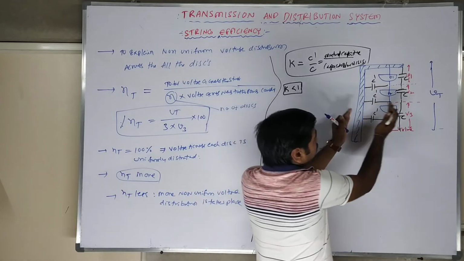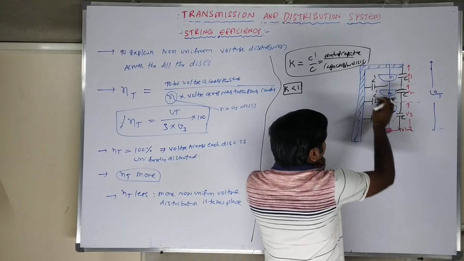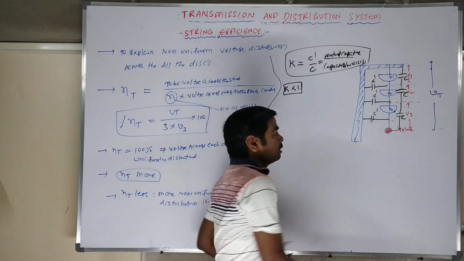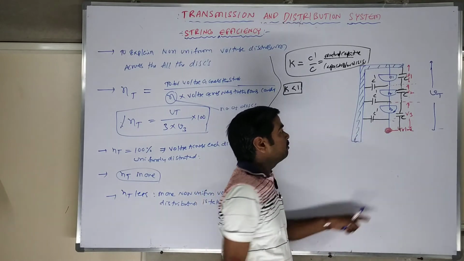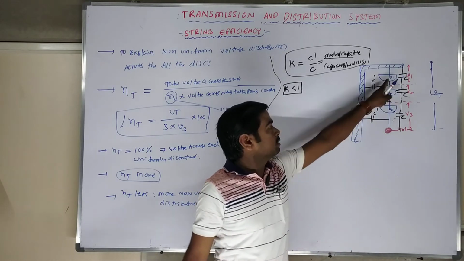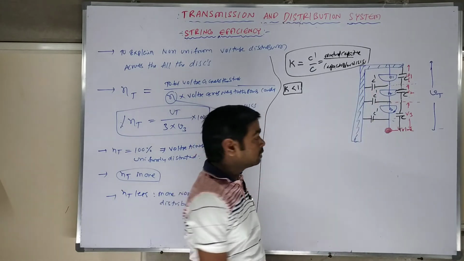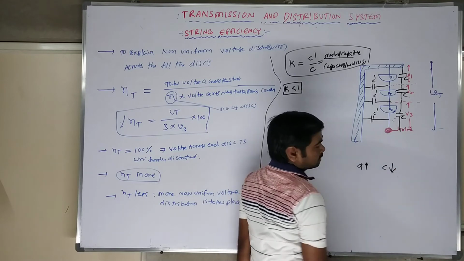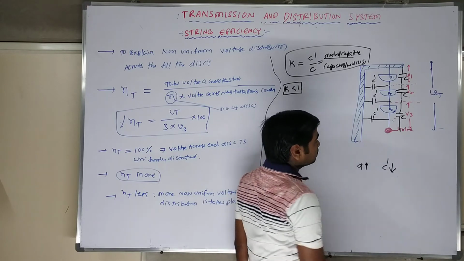It means you have to maintain a very large distance to the pole conductor. Automatically you will get clearance, and the chance of leakage current from your power conductor through the string is less. We know that as distance increases, capacitance decreases, so C dash decreases here.